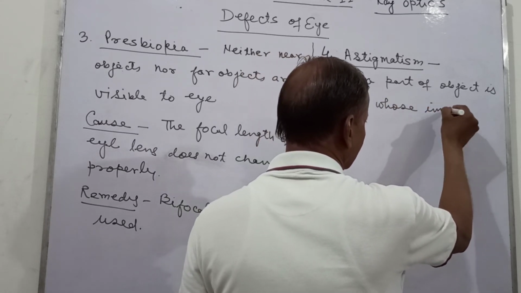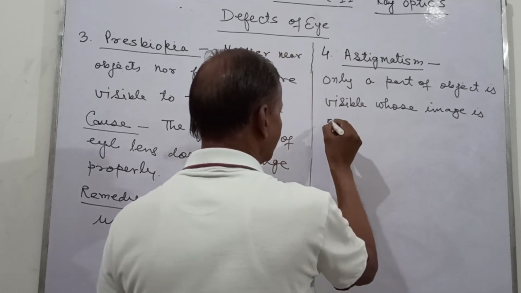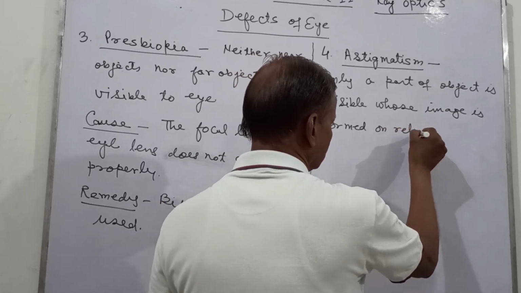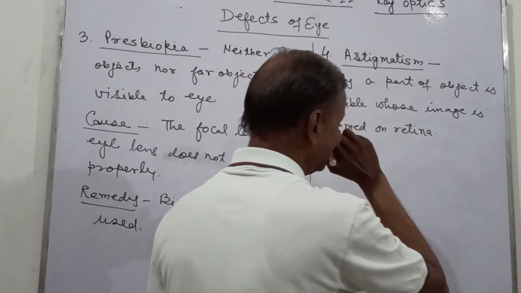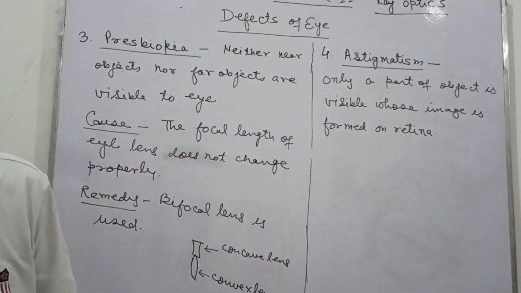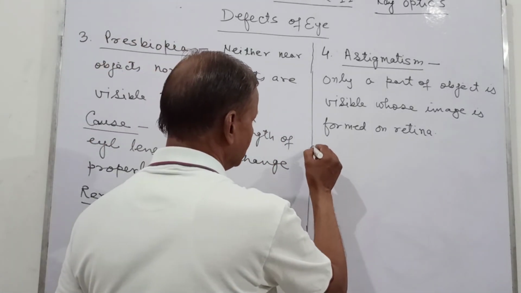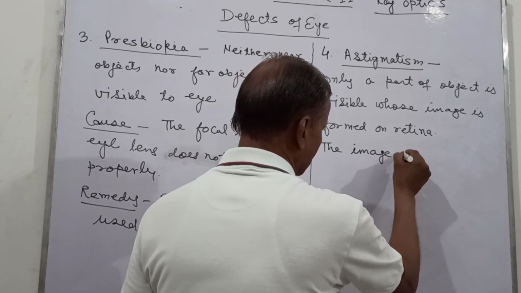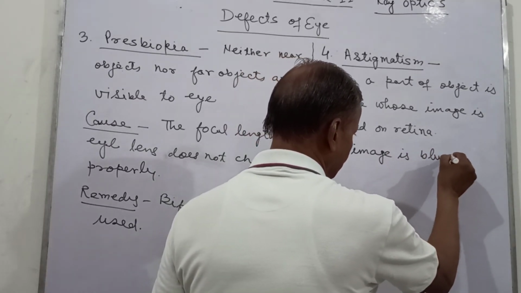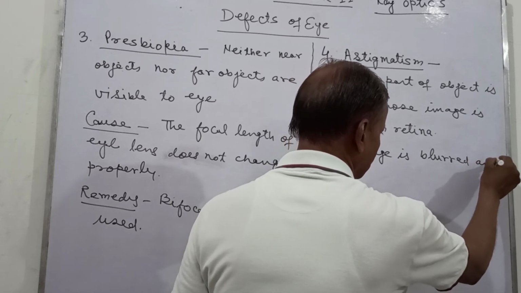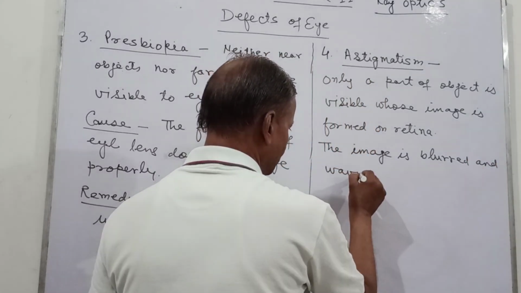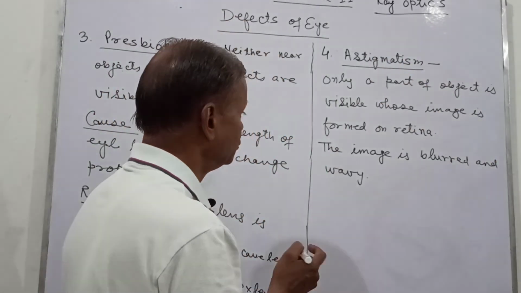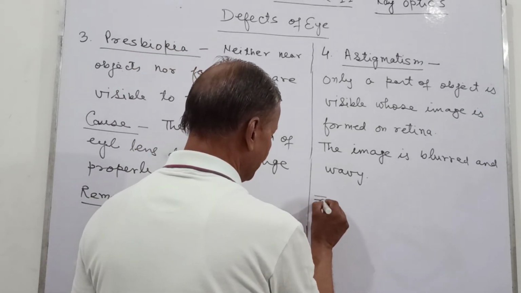Whose image is formed on the retina. The image is blurred and wavy, just like a wave. ये टेढ़ी मेढ़ी दिखती है, वस्तु टेढ़ी मेढ़ी दिखती है, ऑब्जेक्ट इज नॉट क्लियरली विजिबल। और इसका कॉज क्या है?